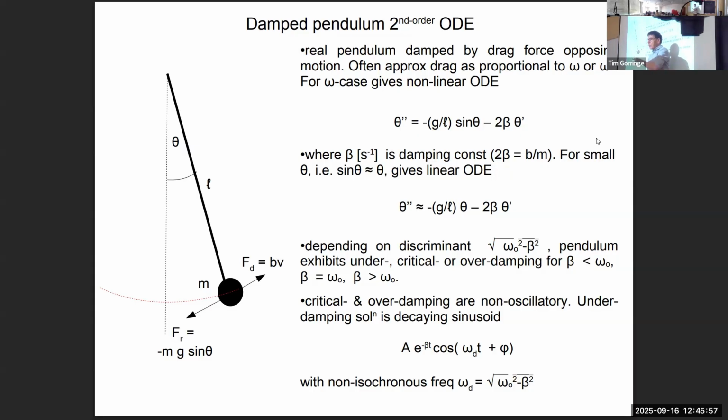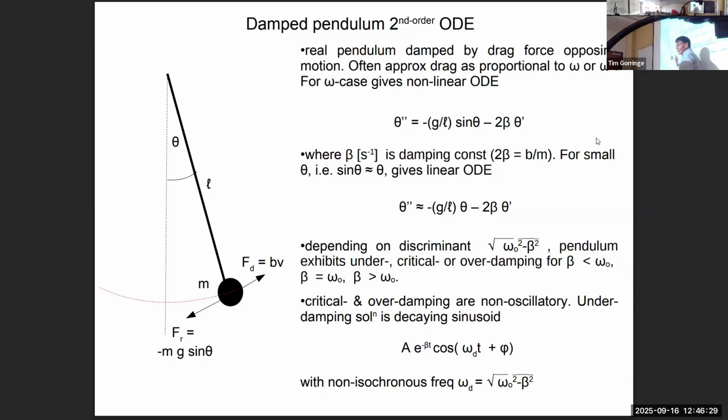In talking about projectiles, we wrote the linear drag force as a coefficient of drag b times a velocity v. Here we're describing the pendulum not in terms of its position, velocity, and acceleration, but rather in terms of its angle, its angular velocity, its angular acceleration. So I'm using theta prime rather than v.